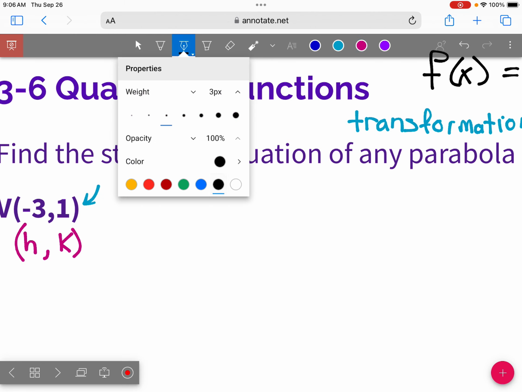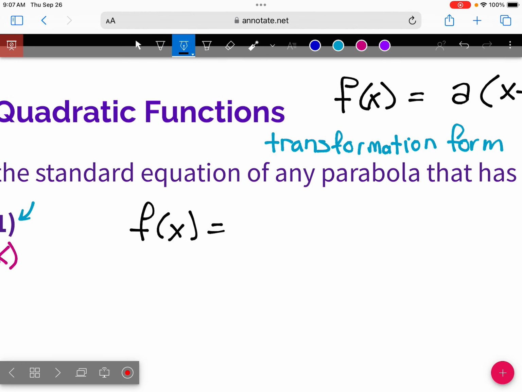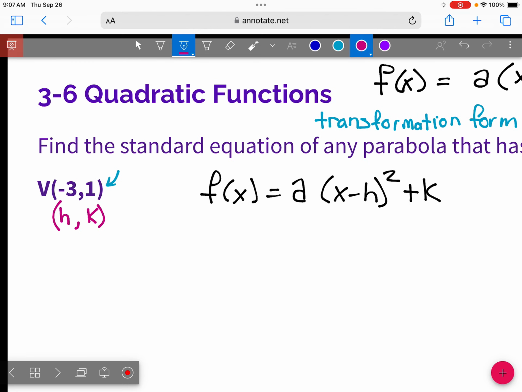So we're going to take those and substitute them in. We're going to take that transformation form where we have our f of x. I'm just writing the transformation form down again so we can look at it right next to each other: a(x minus h) squared plus k. What are we going to substitute in for our h?